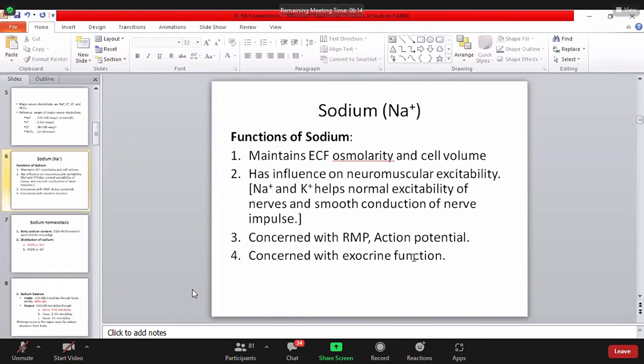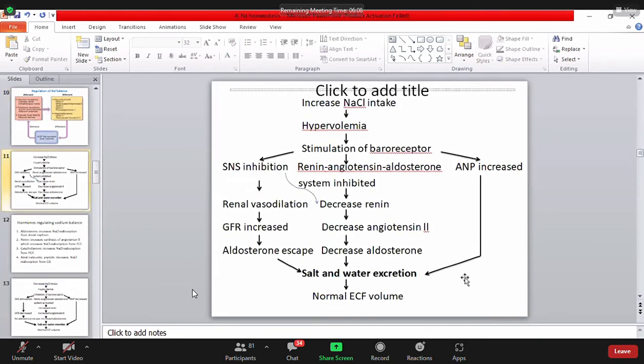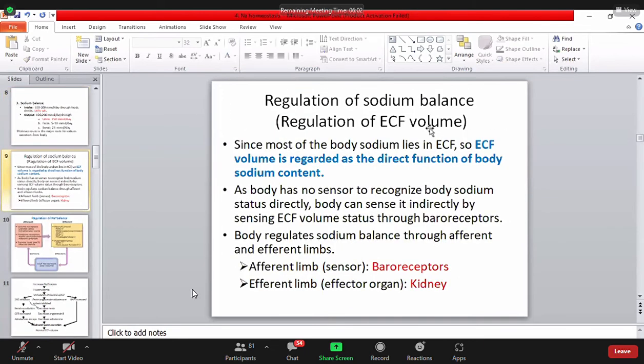Regulation of sodium balance, how does it occur? Sodium balance or ECF, same.